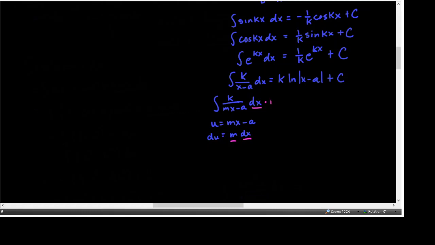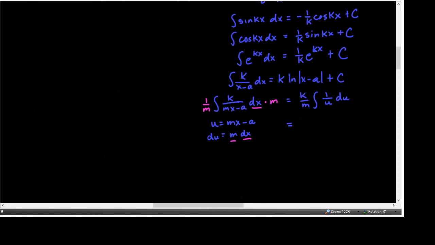So I'm going to multiply by m, which means outside in front I'll have to multiply by 1 over m. And I'll pull that k out, which makes it k over m. What's left inside will be 1 over mx minus a, which is 1 over u. And the dx and the m are my du.